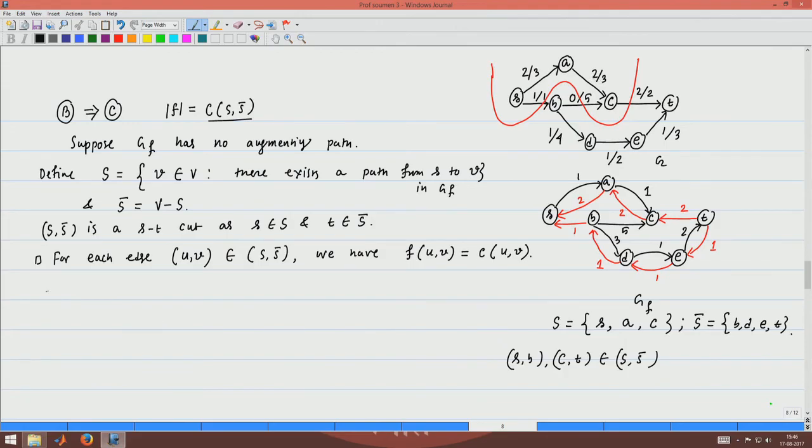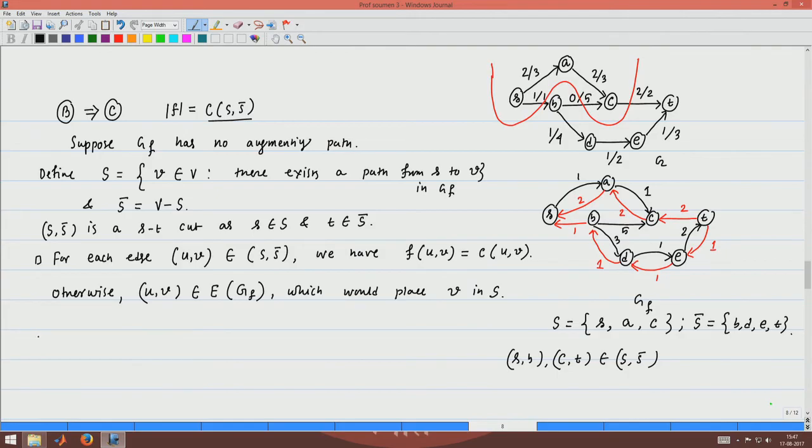If they are not equal, there will be a forward edge from S to B, and then according to the definition of S, B will be in S. Otherwise there will be a forward edge which would place v in S. I hope that this is clear.